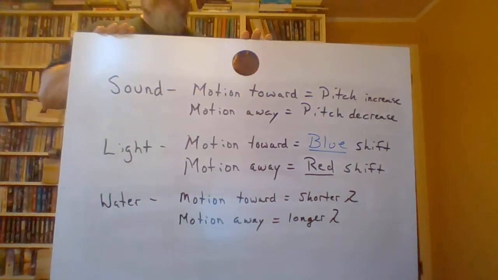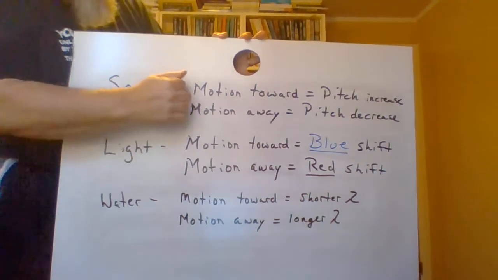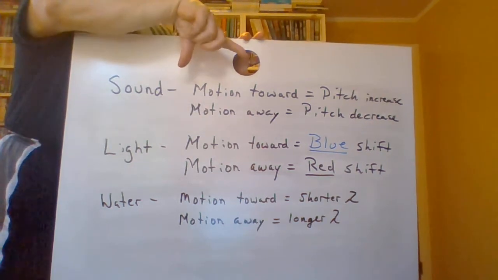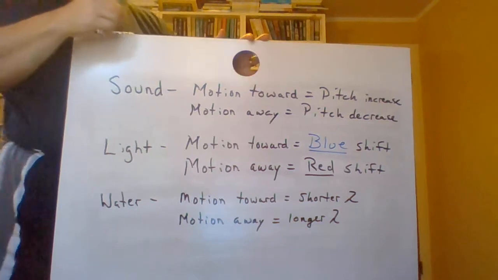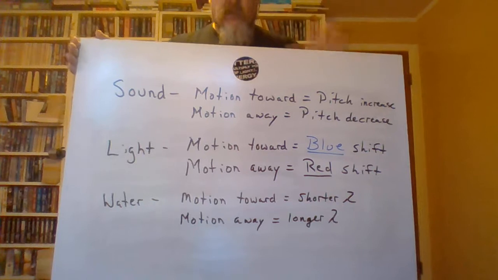So, what does this mean as a rule of thumb for the different kinds of waves? Okay, for sound waves, if the motion is toward the source, in other words, the distance between the source and observer is decreasing, then that means the pitch is going to increase. You'll hear a higher pitch, higher frequency than you normally would.